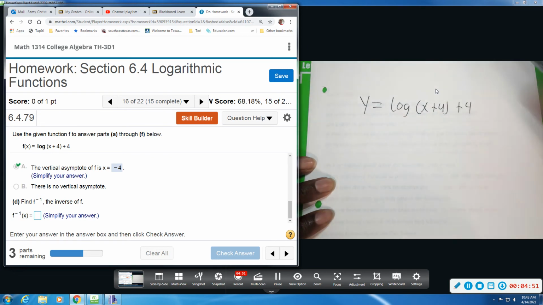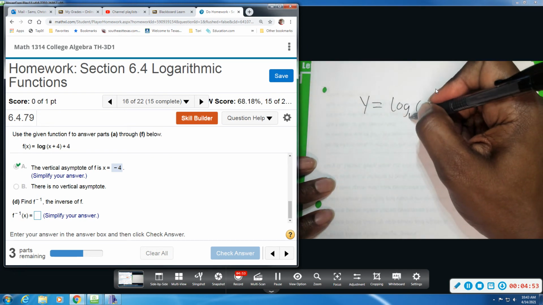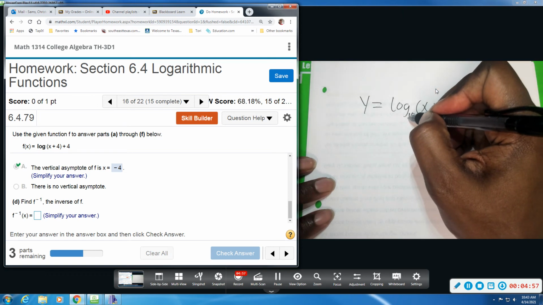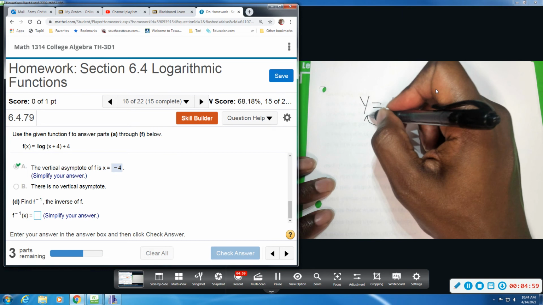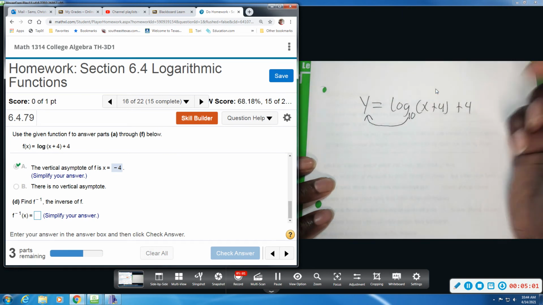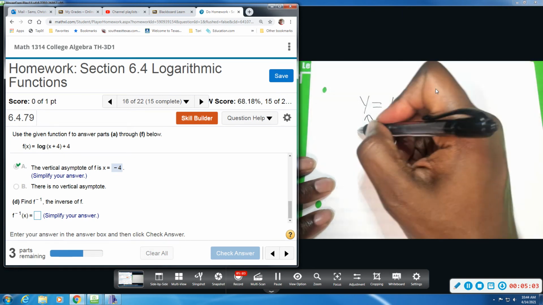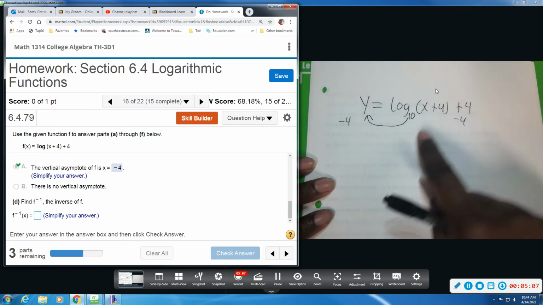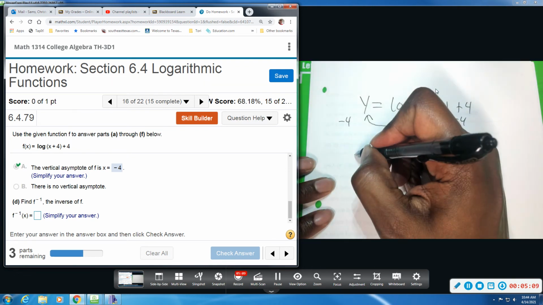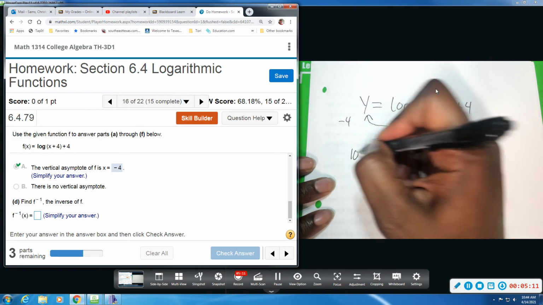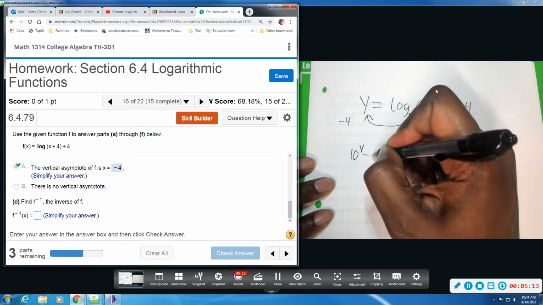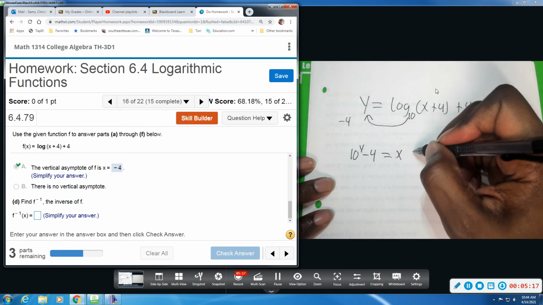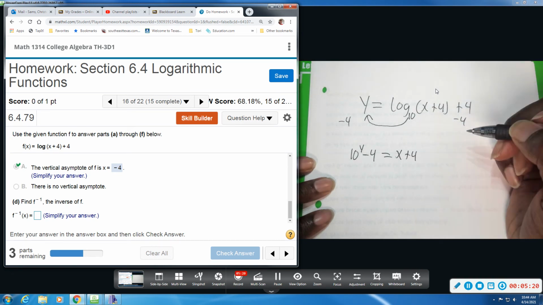Now, if I were to take a guess, I want to see if this works. So when we transcribe this, normally we would take this base, raise it to this power, and then I want to say if we subtract 4, move this 4 over as well. So we would have 10 to the power of y minus 4 equals x plus 4.